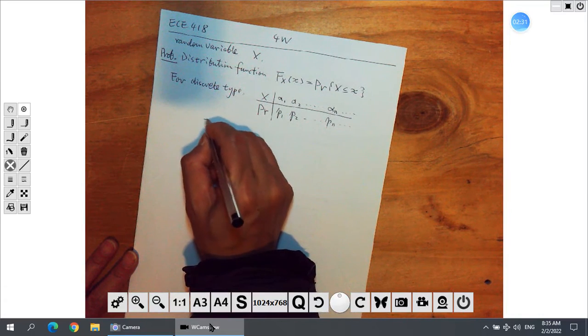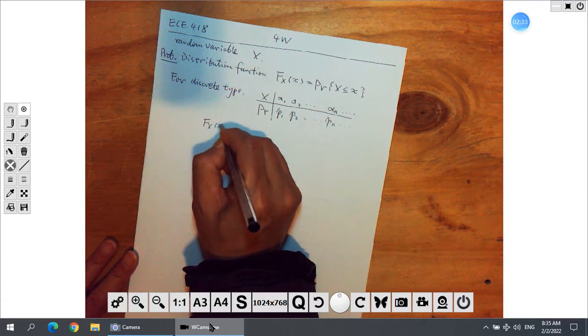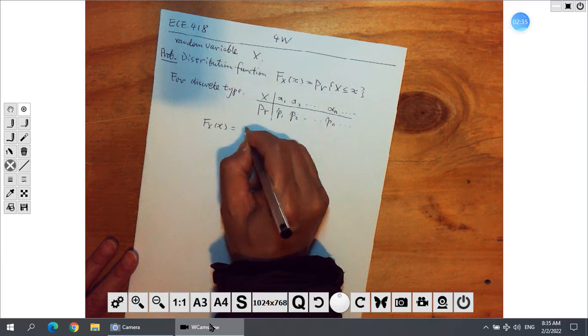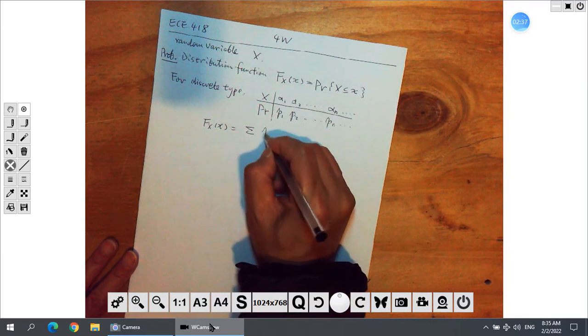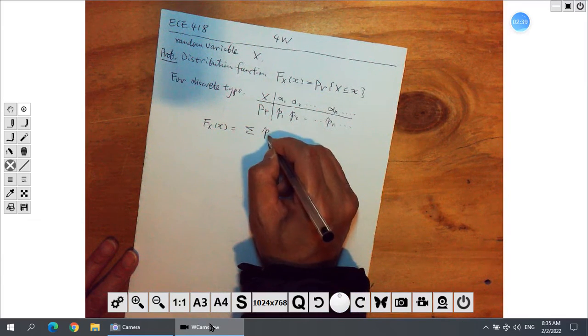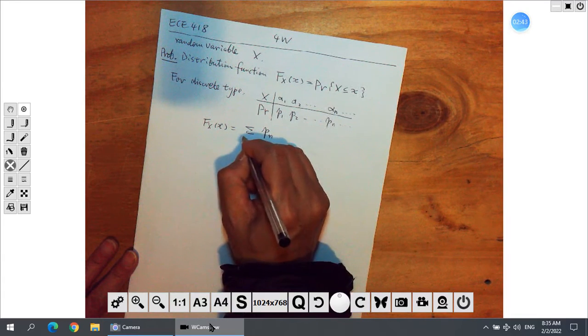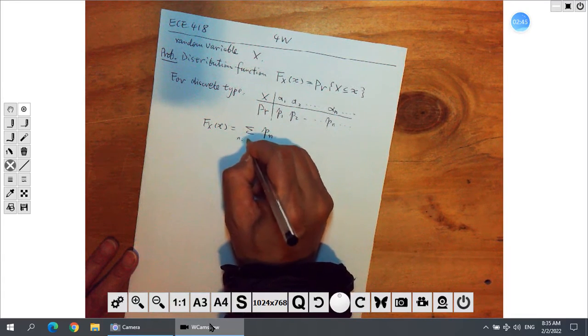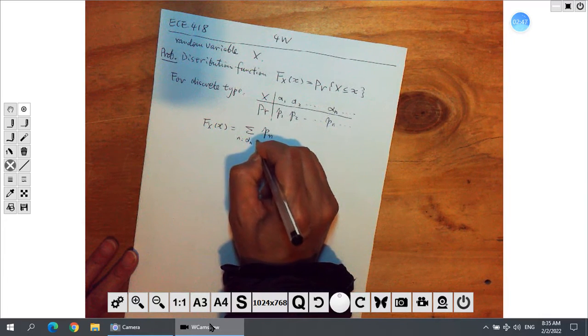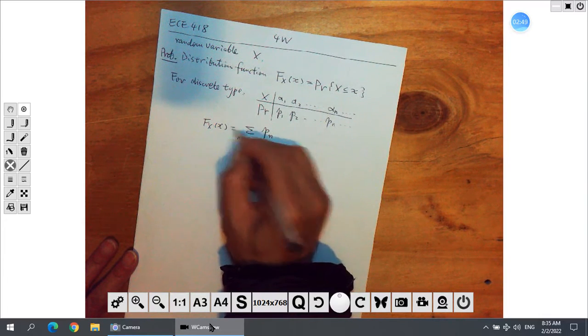When you have this, you can have the distribution function. F_X of x will be the summation of those p_n such that alpha n is smaller than or equal to the given x.